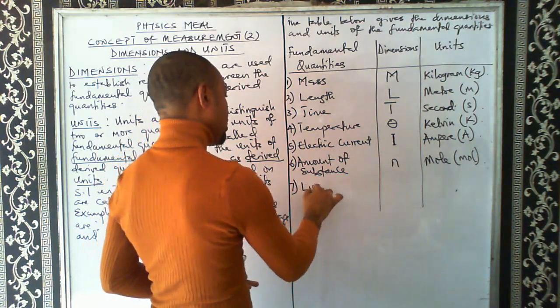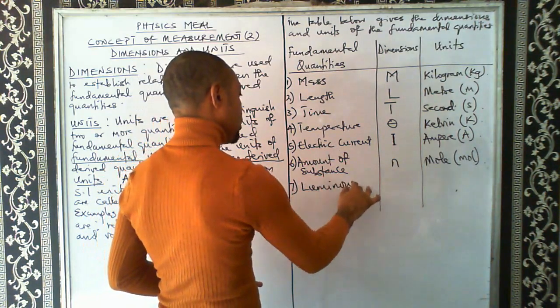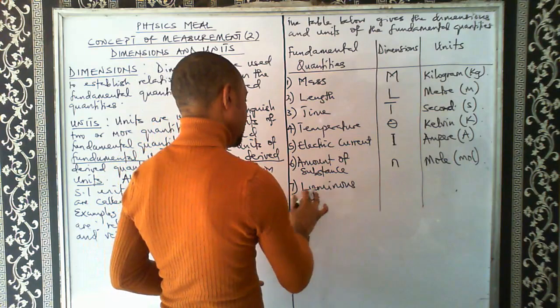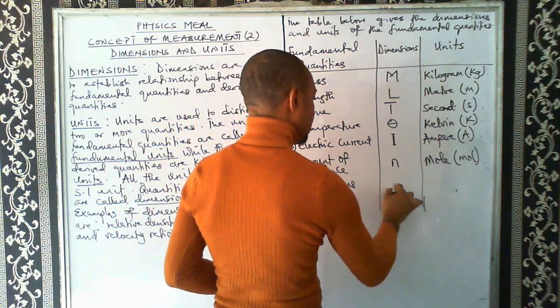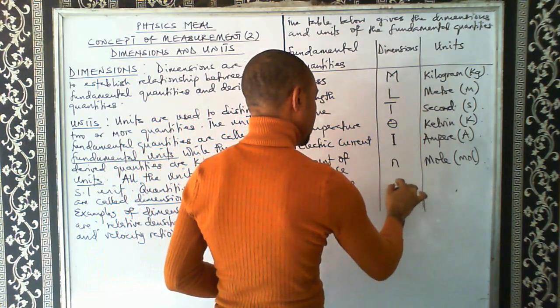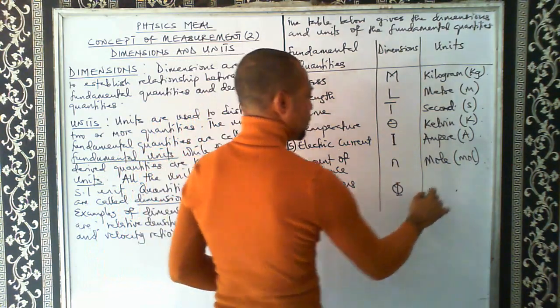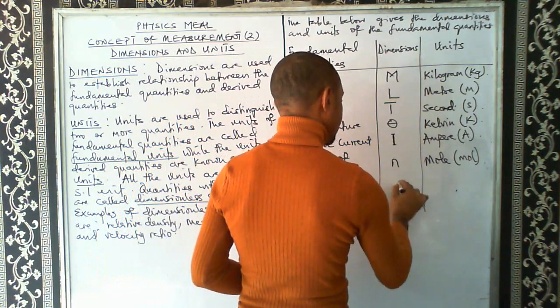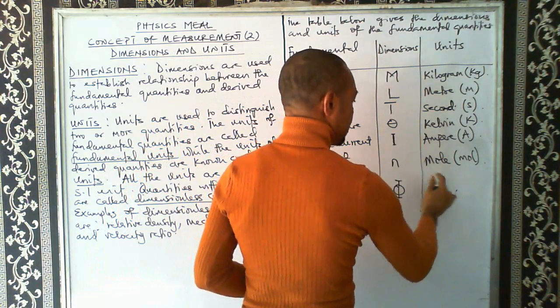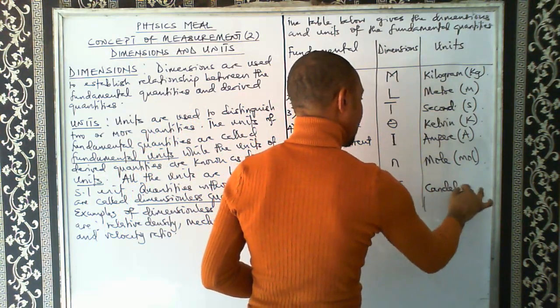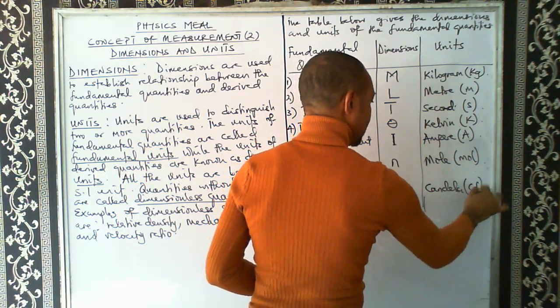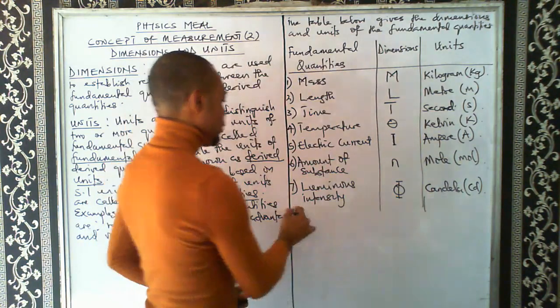Then we have the luminous intensity. We use a sort of Greek letter phi for it, and then the SI unit is what we call candela. All right.